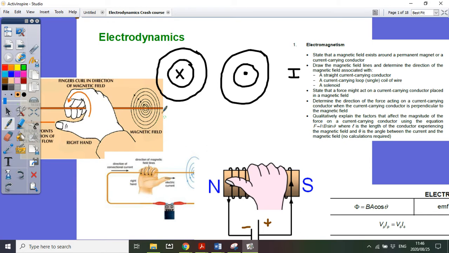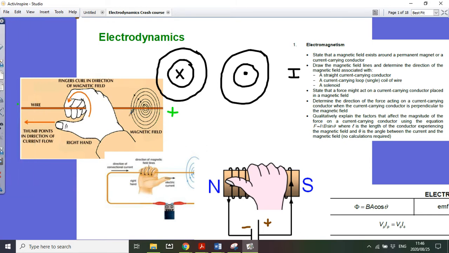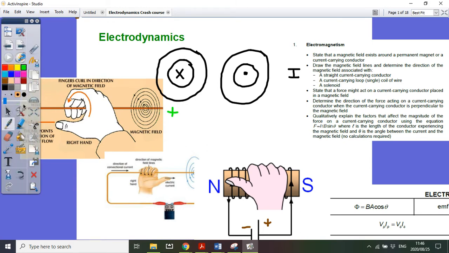If I was drawing on this one, this would be positive, and this side here, where my picture doesn't want me to right now, is going to be negative. Now you can see the thumb points in the direction of the current, and then your curled fingers show you the direction of the magnetic field around that wire. That diagram shows it nicely in 3 dimensions.